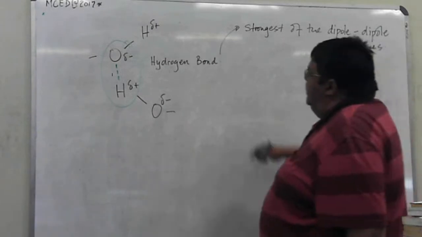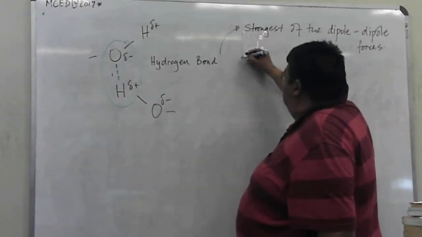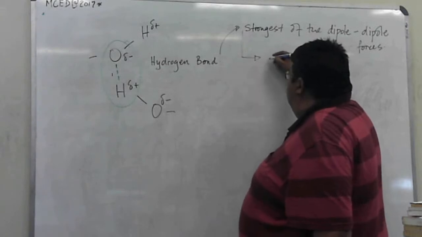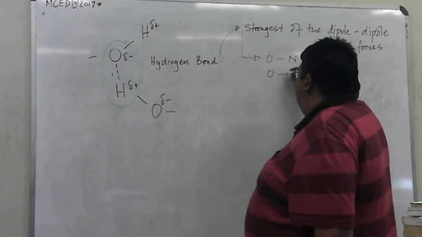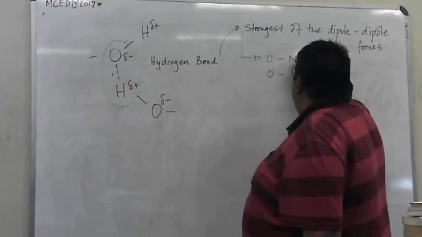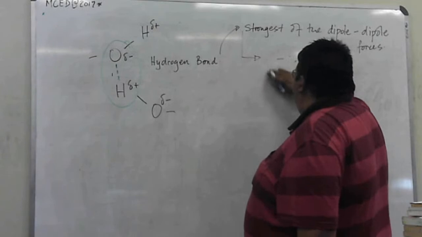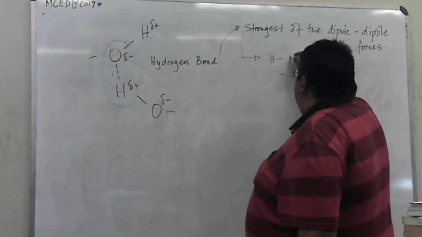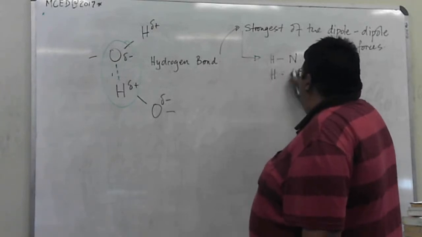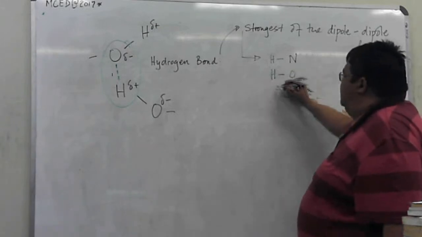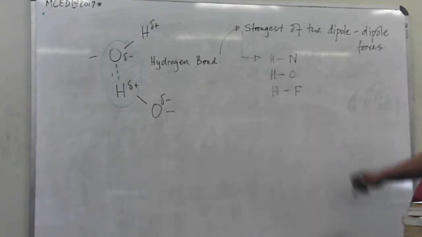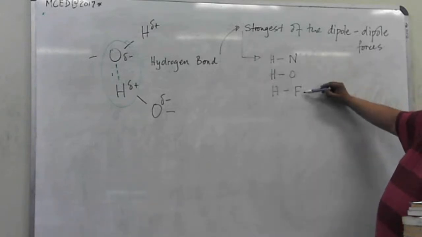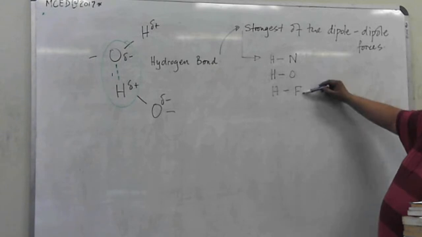Right? However, these dipole forces only occur when hydrogen is bonded to nitrogen, when hydrogen is bonded to oxygen, and when hydrogen is bonded to fluorine. So these are the only three elements that experience hydrogen bonding.